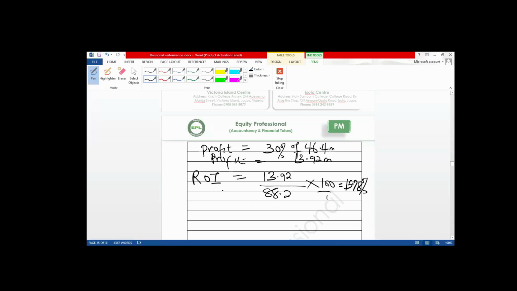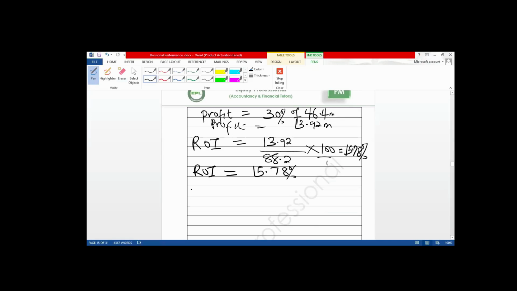For division X, the return on investment on the new project is 15.78. You have resolved that.